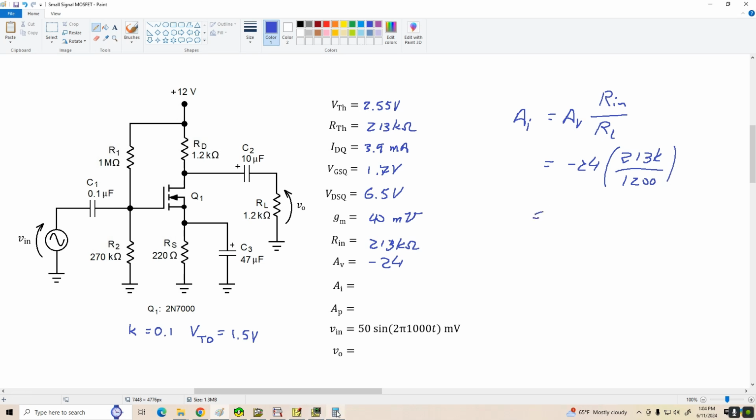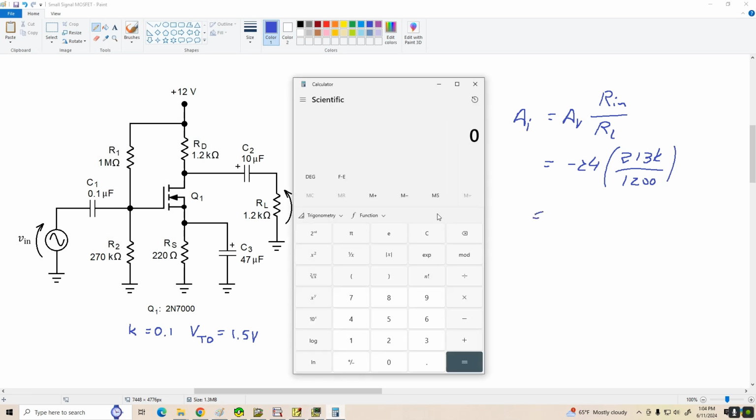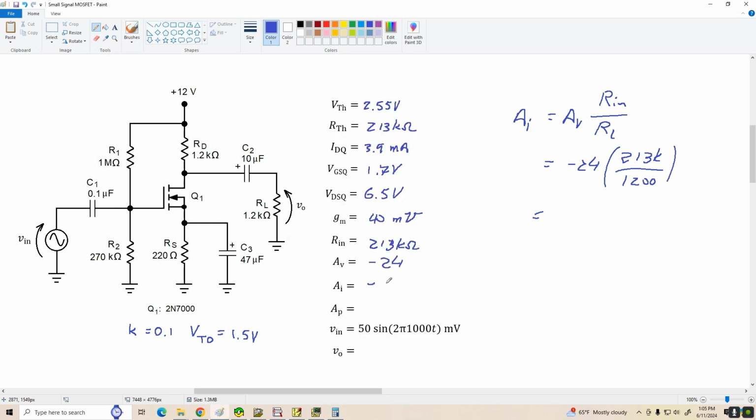Let's see what we come up with here. So 213,000 divided by 1200 times 24 is 4,260. So we got negative 4,260.